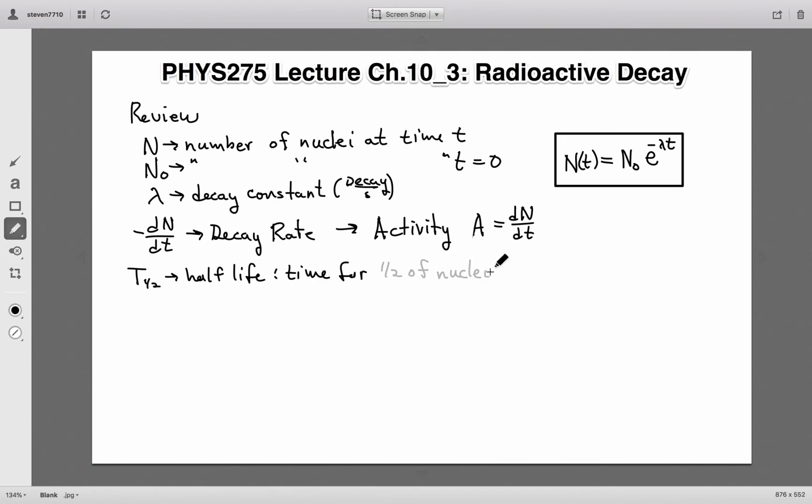You can determine that in terms of your decay constant by specifying that N equals half of its original value at t equals your half-life value.